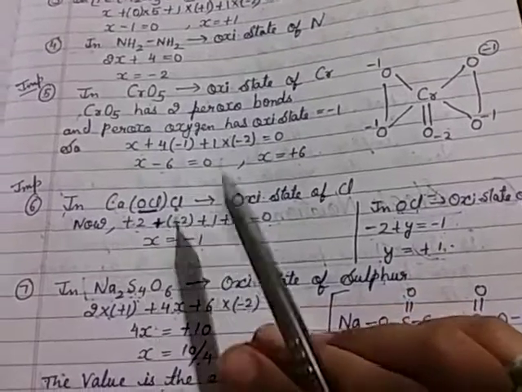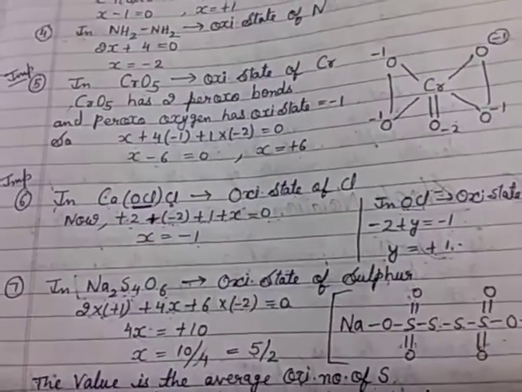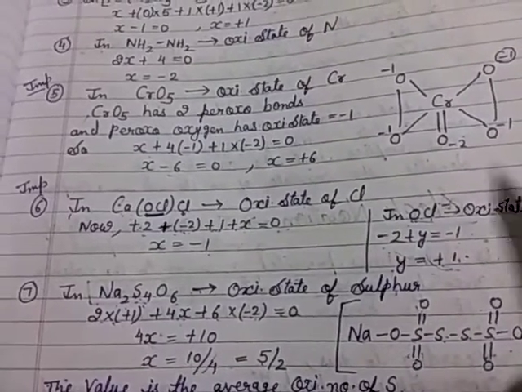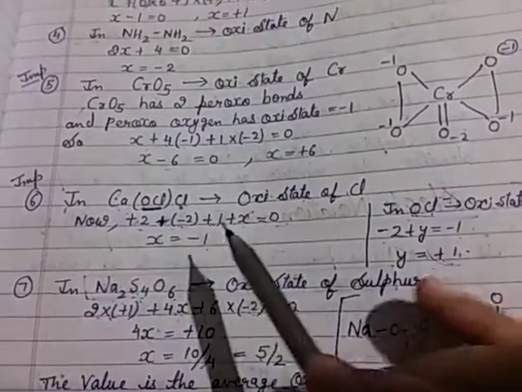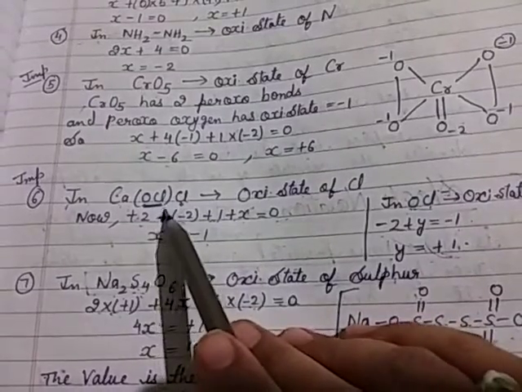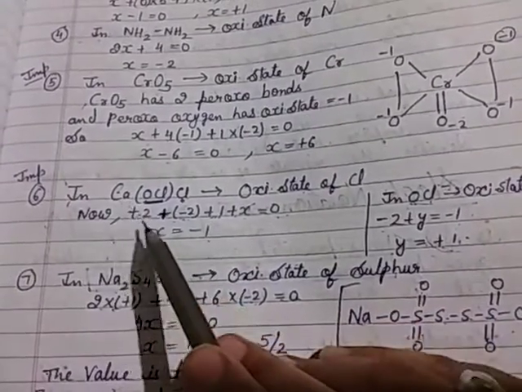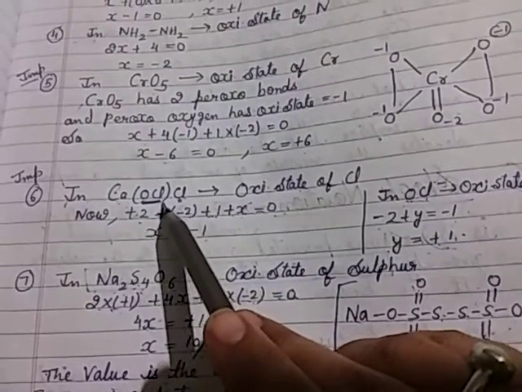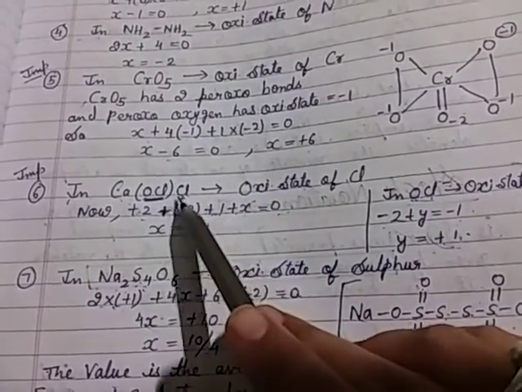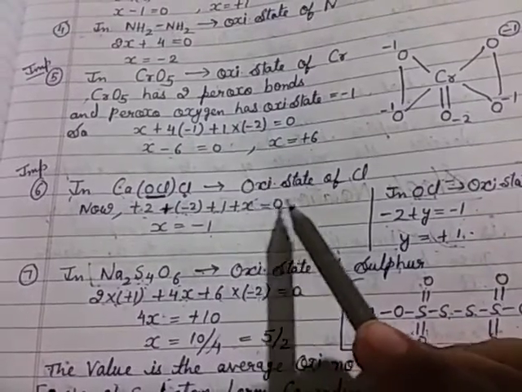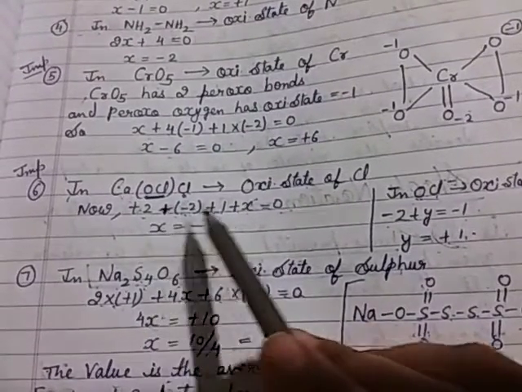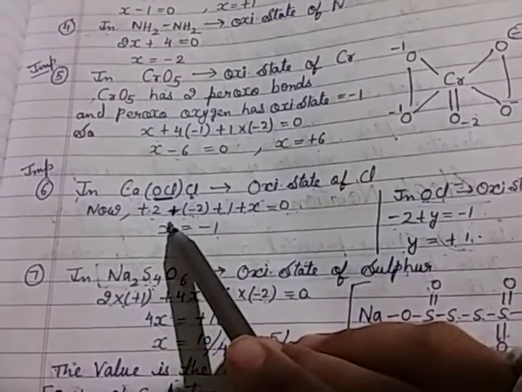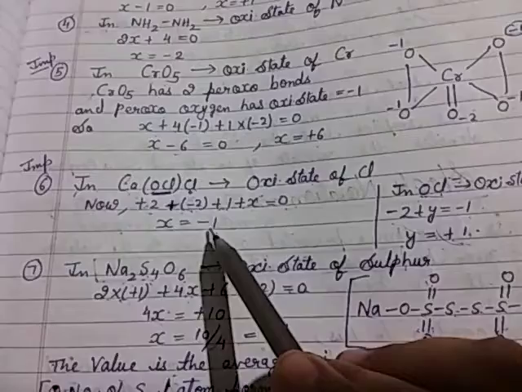Then in CaOCl2, the oxidation state of Cl. So find the oxidation state of Cl. Now calcium plus 2, oxygen minus 2, then Cl plus 1 and then the other Cl X, is equal to 0. So minus 2 and here plus 3, plus 2 plus 1 is plus 3. So plus 1 going to the right side, minus 1.